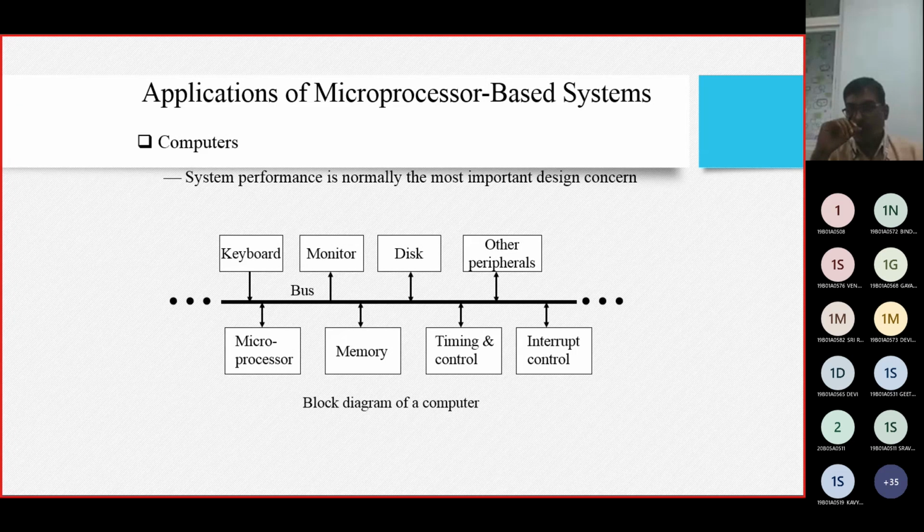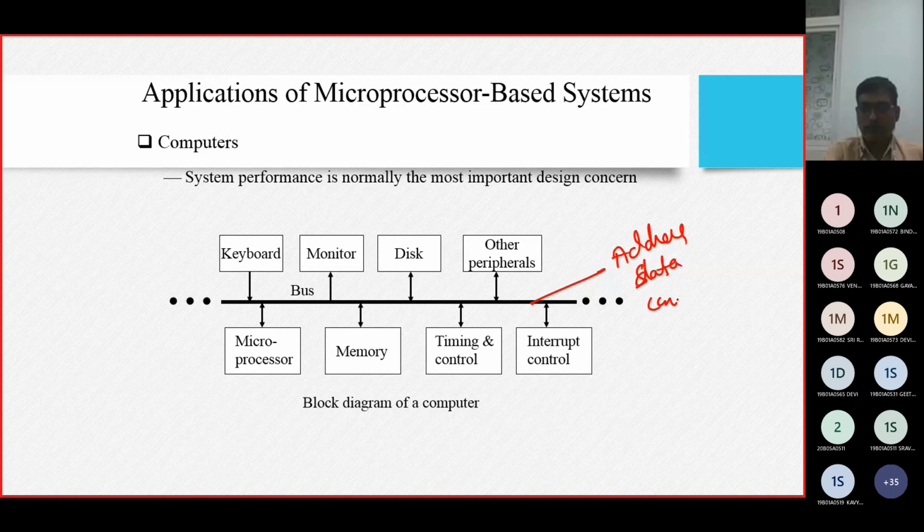Next, the front view is different, but the inside architectural view was different. The architectural view is that we do have a bus which links up the address bus, data bus, and control bus. That is point number 1.